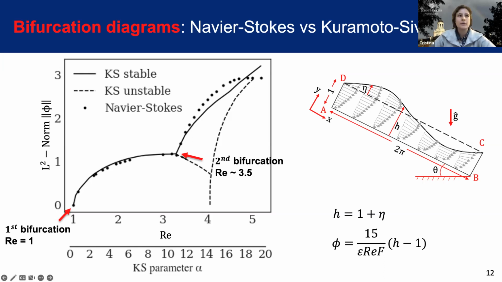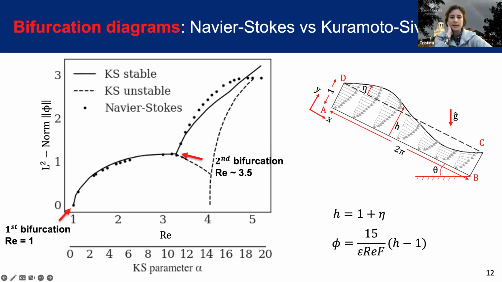We can see from this bifurcation diagram that both solutions predict similar results for a Reynolds number between 1 and about 3.5. This is because in this range, the Kuramoto-Sivashinsky is a steady-state solution in a comoving frame with speed -3, whereas the Navier-Stokes solution is a traveling wave with constant shape and speed 3 in an Eulerian frame.